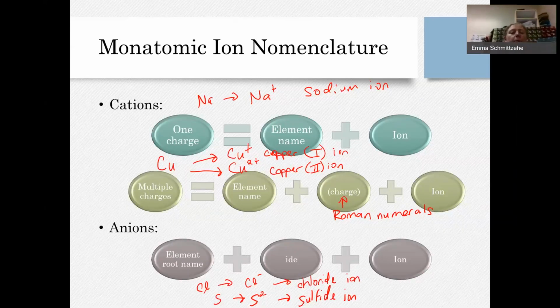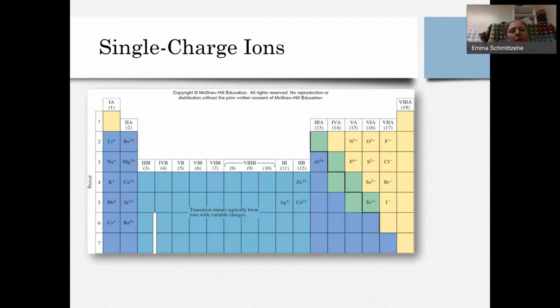Okay, now let's look at some of these ions on the periodic table. Like I said, it can be helpful to find a periodic table that shows you ions. A typical periodic table has element symbols, atomic number, and atomic mass, right? But you can find different variations of the periodic table with ions listed on it, to help you see patterns in the charges that things form and whether something forms one charge or multiple charges.